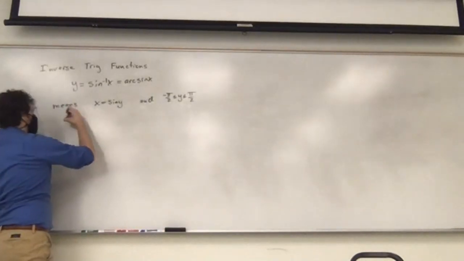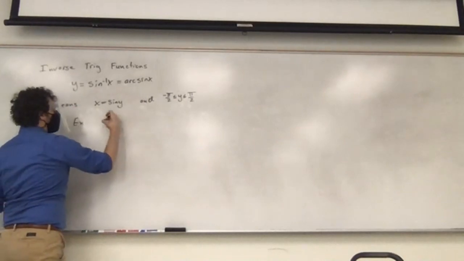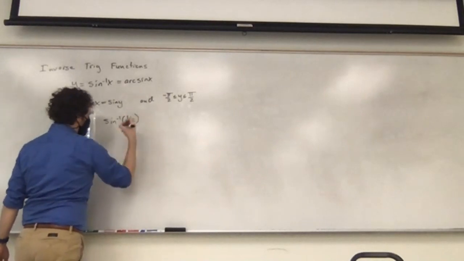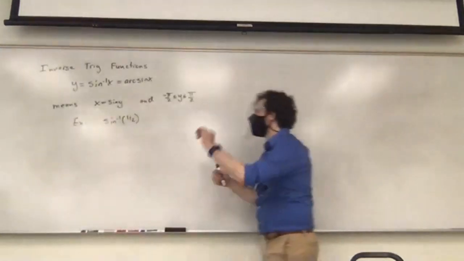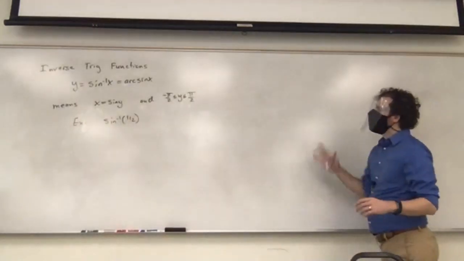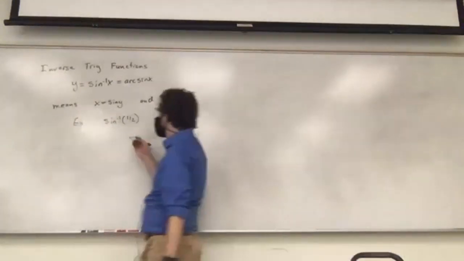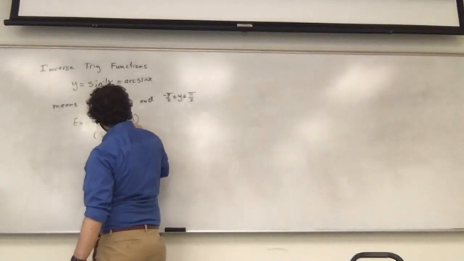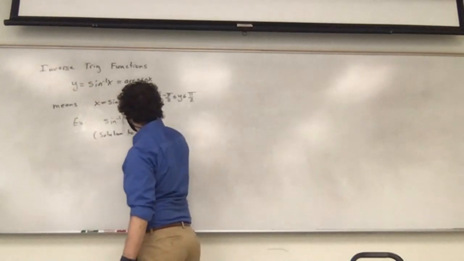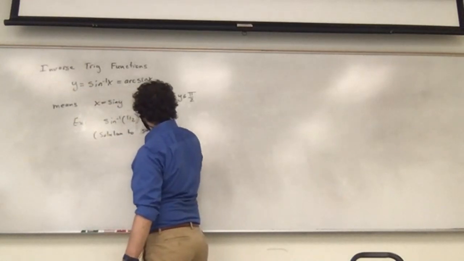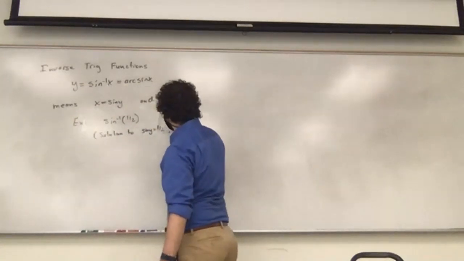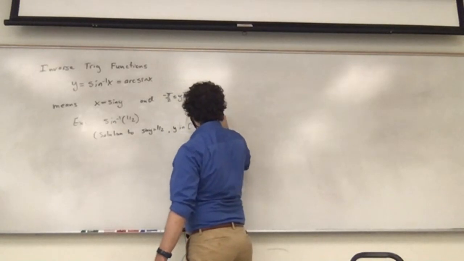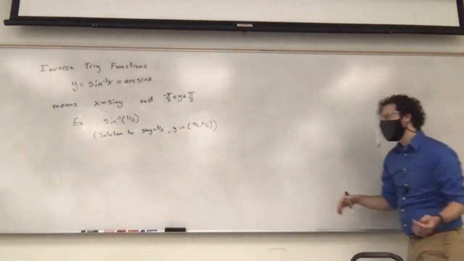So for instance, if we look at an example, if we wanted inverse sine of 1/2, we're looking for the y such that sine of y equals 1/2, and y comes from this interval negative pi over 2 to pi over 2. So that's what you're actually doing.